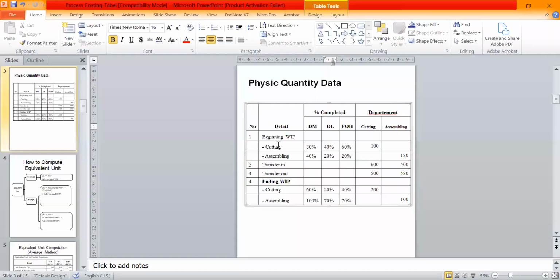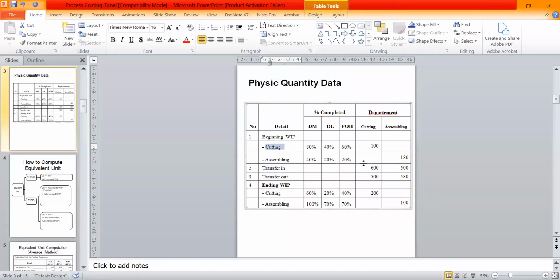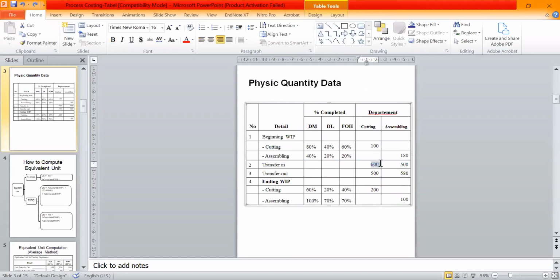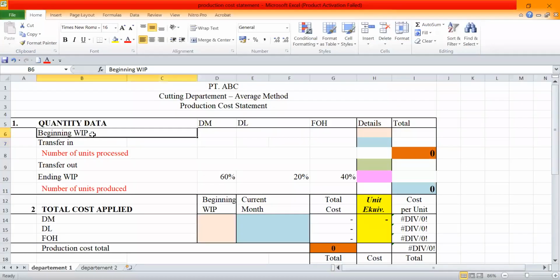So take a look in here. For the cutting department, the transfer in is 600 and the ending is 200. I'm sorry. The ending is, we need to input it one by one. Okay. We need to focus one by one.